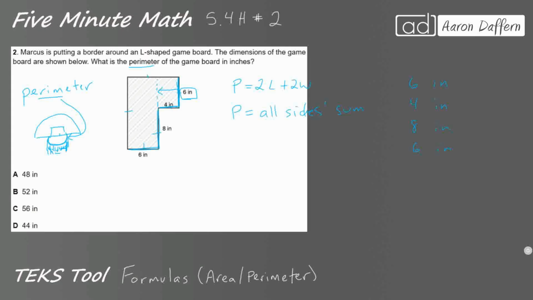You notice that if I put this 6 inch side right next to this 8 inch side, we can make the entire length, because this right here is going to be equal to this right there. So I've got a 6 plus 8, so we can just call that 14 inches.